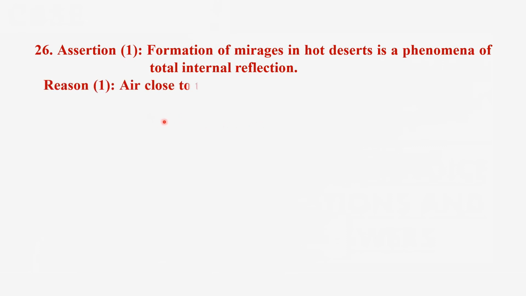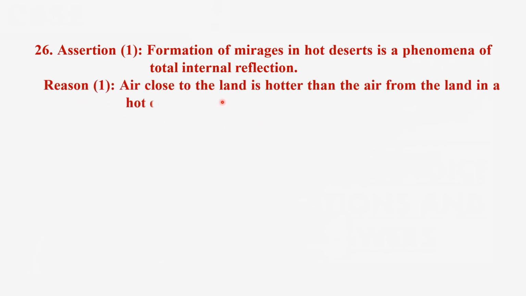Assertion: formation of mirages in hot deserts is a phenomenon of total internal reflection. Reason: air close to the land is hotter than the air higher above the land in a hot desert.